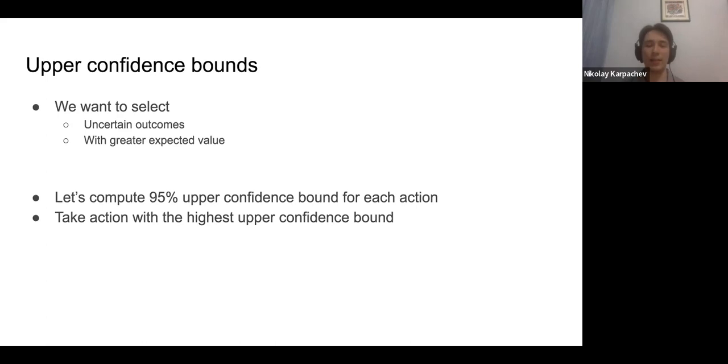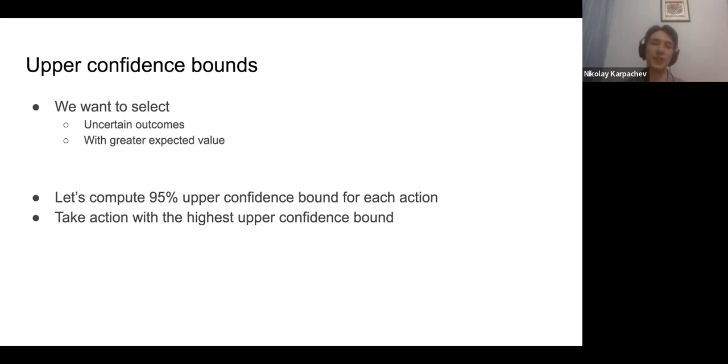And looking at those intervals, we can think, okay, let's always assume an optimistic outcome, and let's always take the 95% upper bound. If the action is good enough and with high uncertainty, then this upper bound will be high.